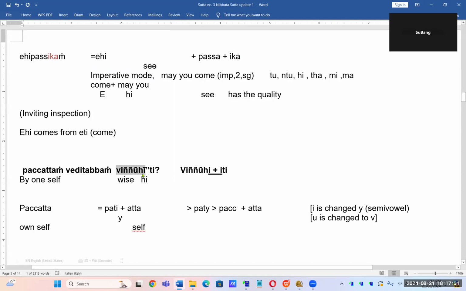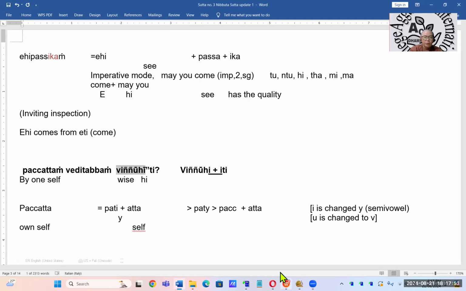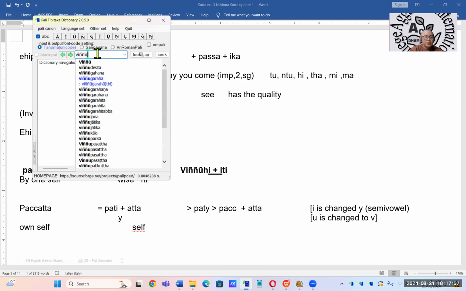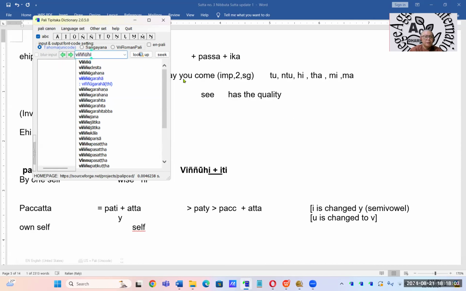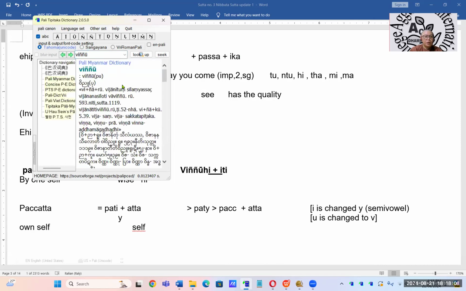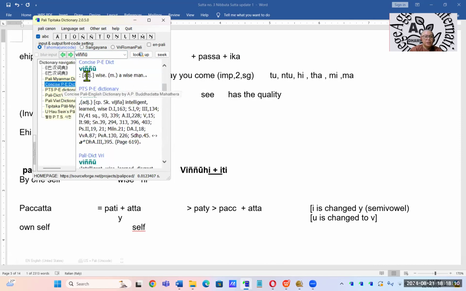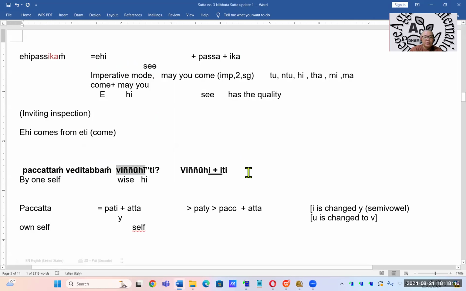Okay, all right. So you open any dictionary. So you just first copy the whole thing. And then when you click it, you cannot find. So you just delete and then you can find this we knew. All right. So then you click the dictionary, wise. Okay. Because the root is nya, right?